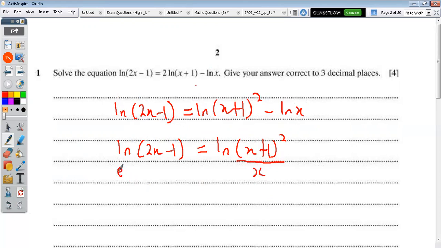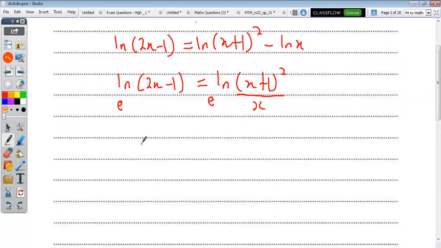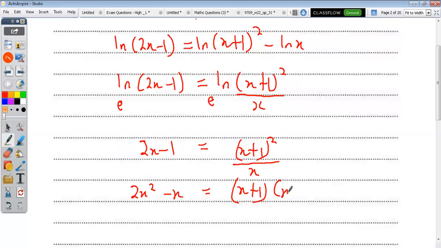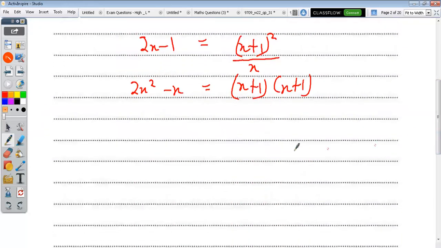Then I raise this to e, so that I remove the logs. I have 2x minus 1 is equal to (x plus 1) all squared over x. Then if I cross multiply, I have 2x squared minus x is equal to (x plus 1) brackets (x plus 1).